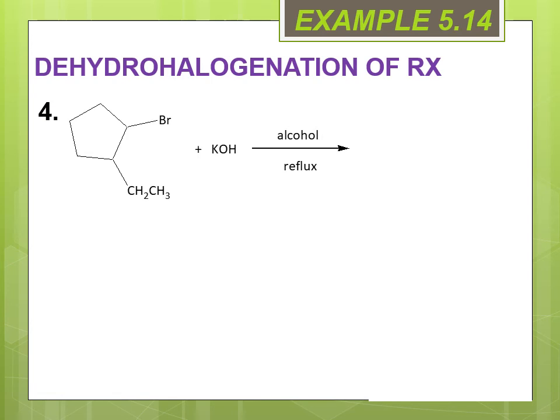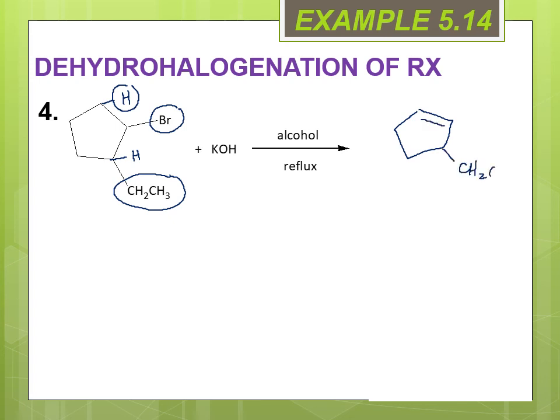Let's do number 4 now. This is a cyclopentane with a bromine and an ethyl group. So we are going to remove the bromine together with a hydrogen from the connecting, adjacent carbon. So what we are going to do is form two products. Either it would take the upper hydrogen and form a double bond over here.